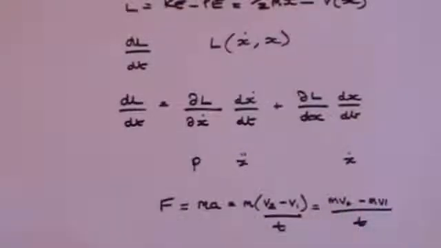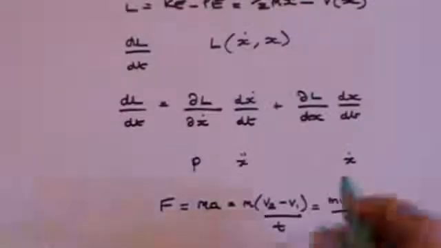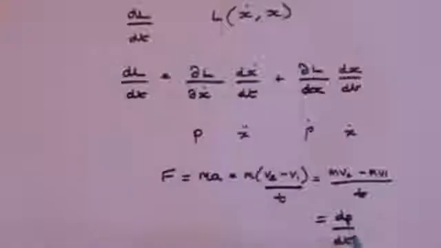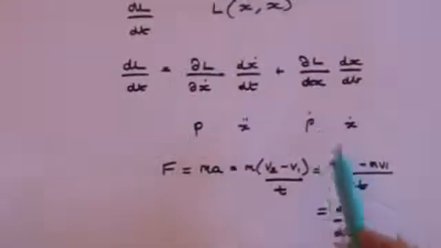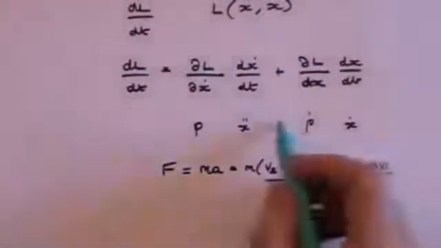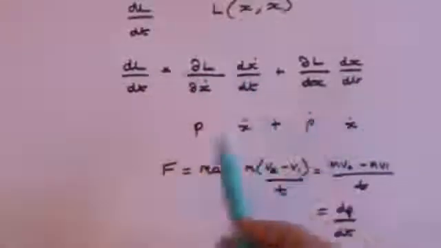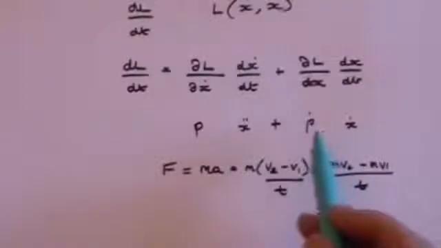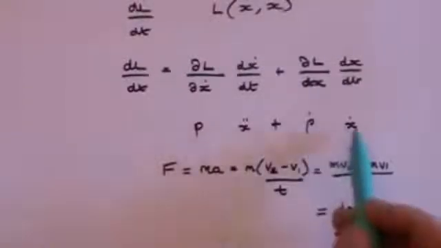That is the rate of change of momentum, essentially dp/dt, which can be given as p dot. So you've essentially reduced this equation to momentum times acceleration plus the rate of change of momentum times velocity.